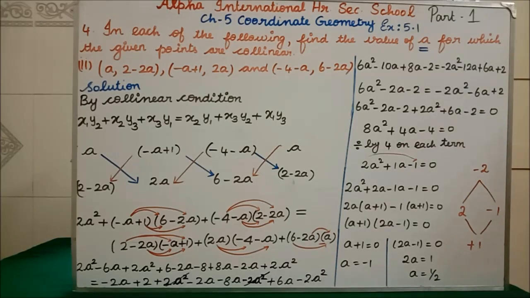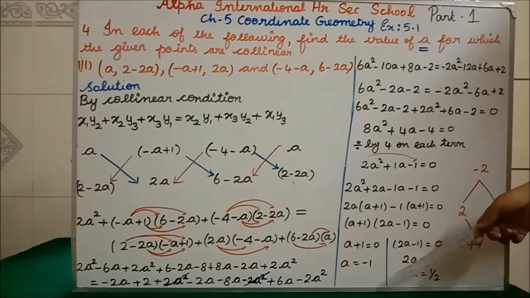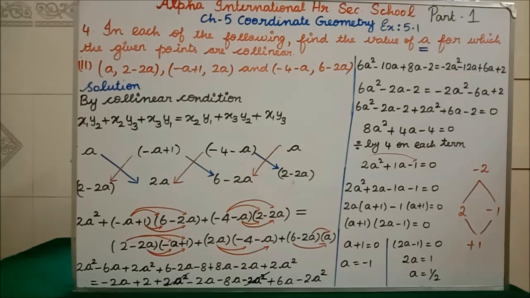So the value of a is either it can be minus 1 or it can be 1 by 2. Okay, for the value of a we are getting two values. Therefore, you have to write the last line: therefore, the value of a is minus 1 or 1 by 2. You are going to write and you are going to finish it.